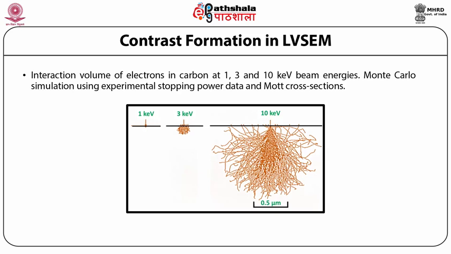At high energies, most of the secondary electrons generated within the interaction volume are too far deep inside the surface to escape and do not contribute to the observed signal.